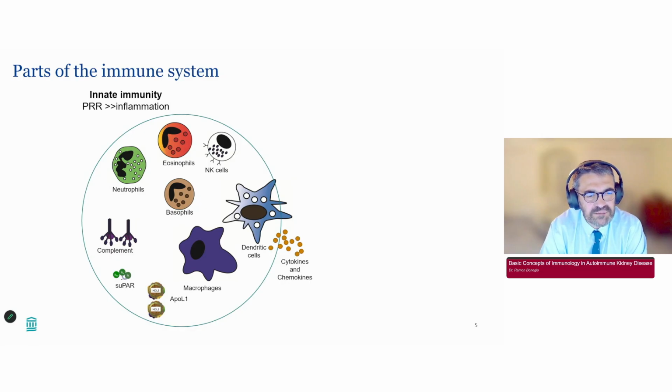One is that the complement is part of this innate immune system, and the whole complement cascade would fall under that little picture. And then you will also hear about the important role of ApoL1, which is a lipoprotein responsible for improving immunity to trypanosomes and maybe other infections. And so, we know that this innate immune system is important in the pathobiology of glomerular disease.